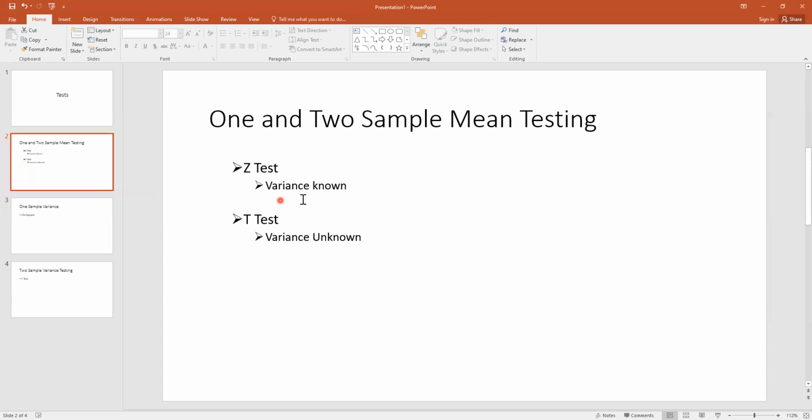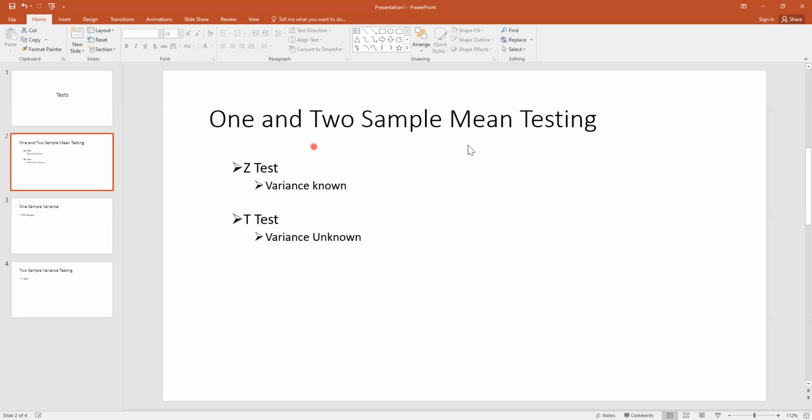But if we don't have the population variance information, or we have only sample information and have to estimate the sample variance, then to test the equality of mean or one sample mean, we have to choose the t-test. And we have different types of t-test, like one sample t-test, paired t-test, test of independence, student t-test. So we have different situations to choose these tests.